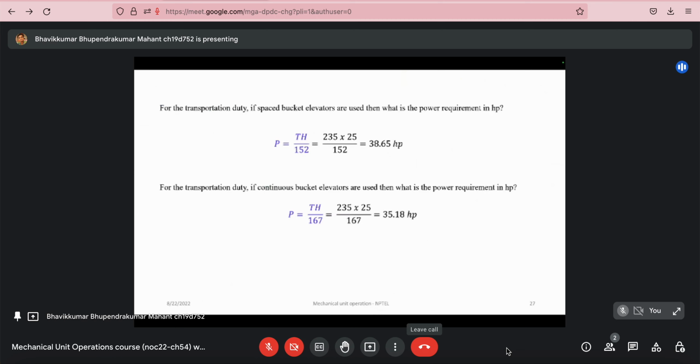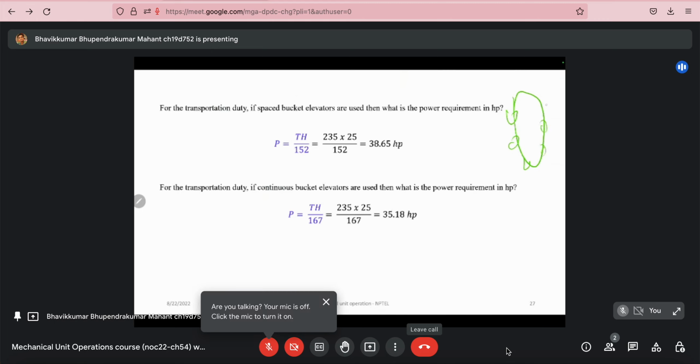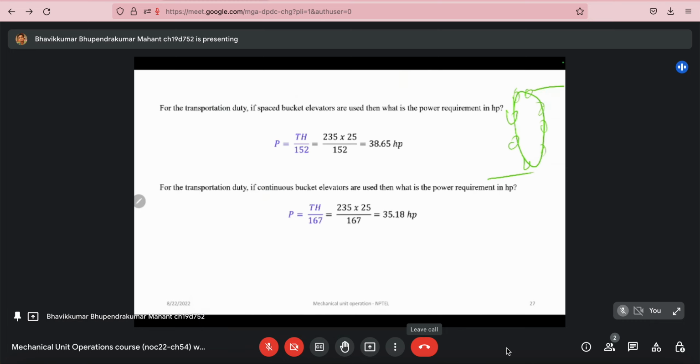Now if we replace the same belt conveyor with a bucket elevator, because we mostly use a bucket elevator to transport material from one place to an elevated place, what is the power requirement in HP?